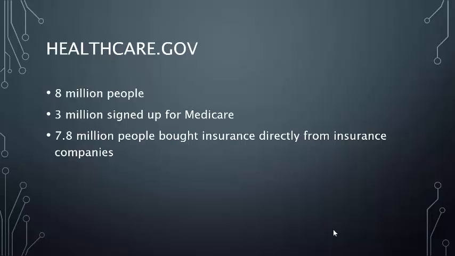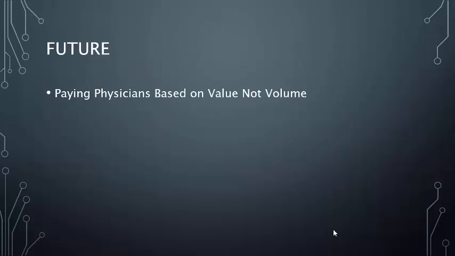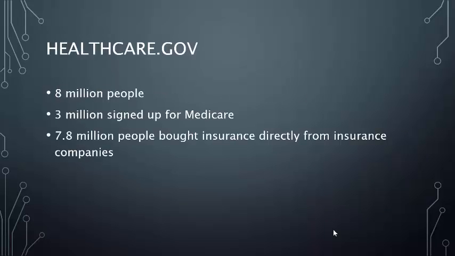Despite the initial debacle of it, numbers have shown that 8 million people signed up by the deadline. And obviously that's a significant number as long as those people pay their premiums and keep up with their insurance. It's also been shown that roughly 3 million people signed up for Medicare. That's outside of that 8 million figure.